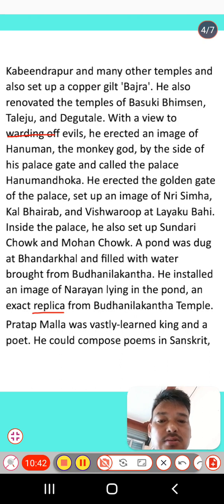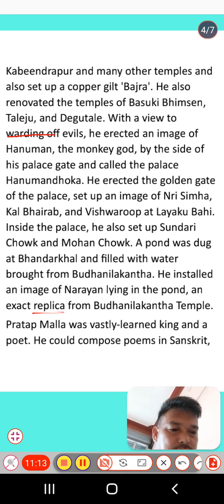He installed an image of Narayana lying in the pond, and also an exact replica of the Buddha Nilkantha temple. It was a duplicate of the Buddha Nilkantha temple.